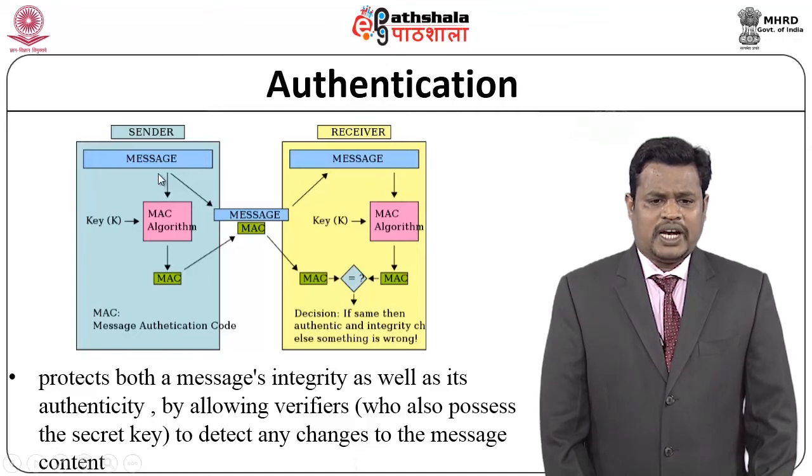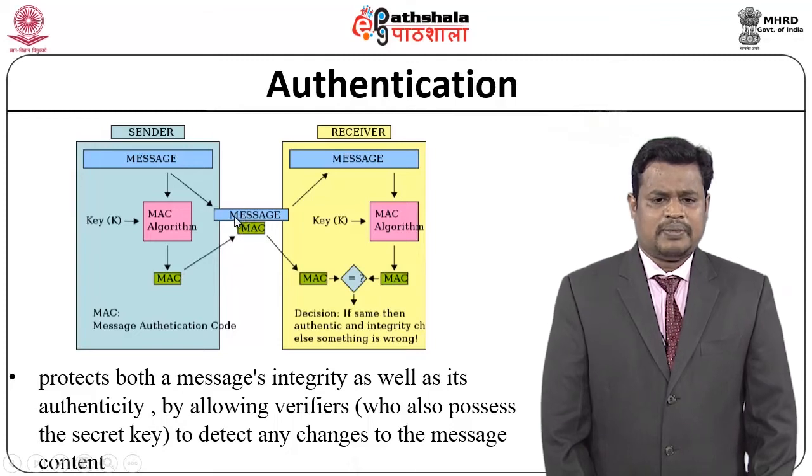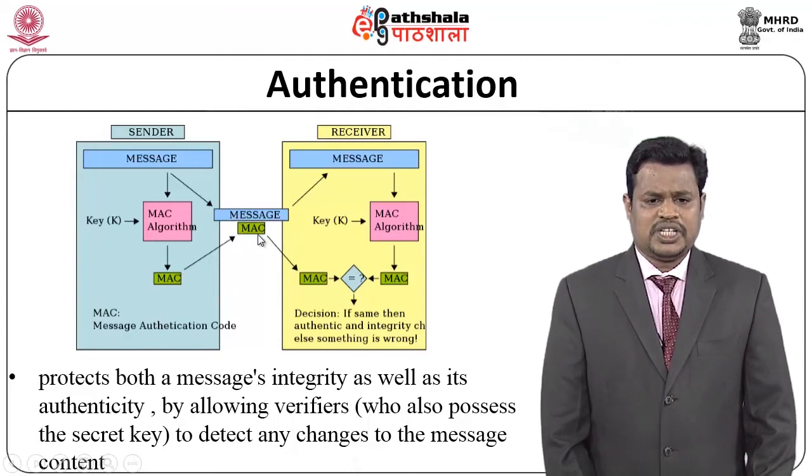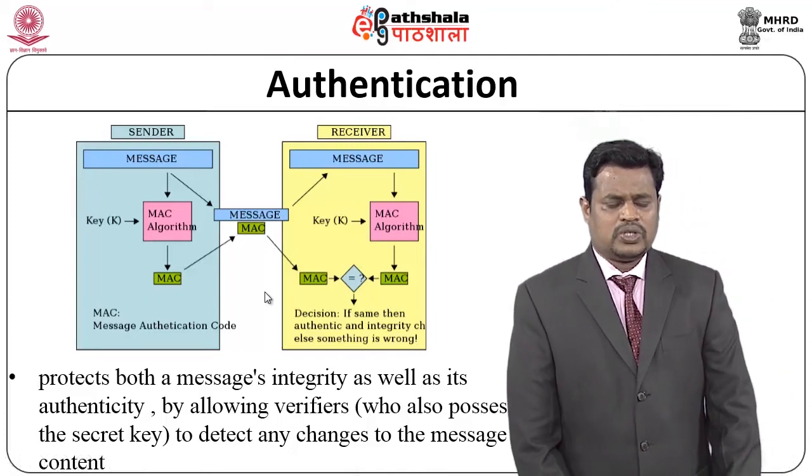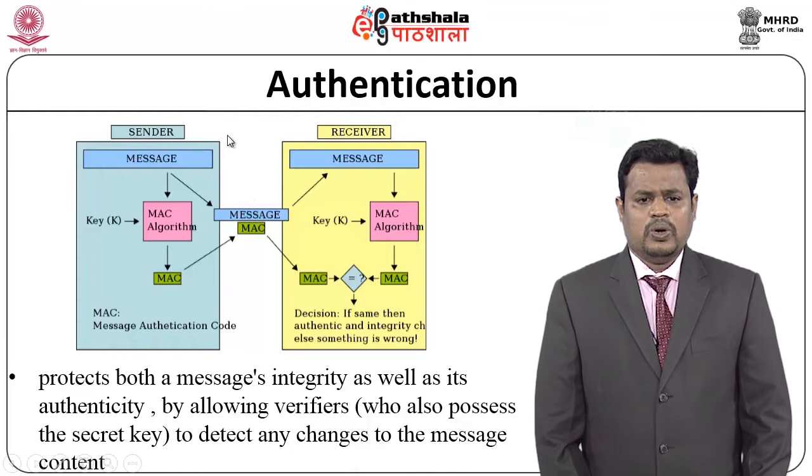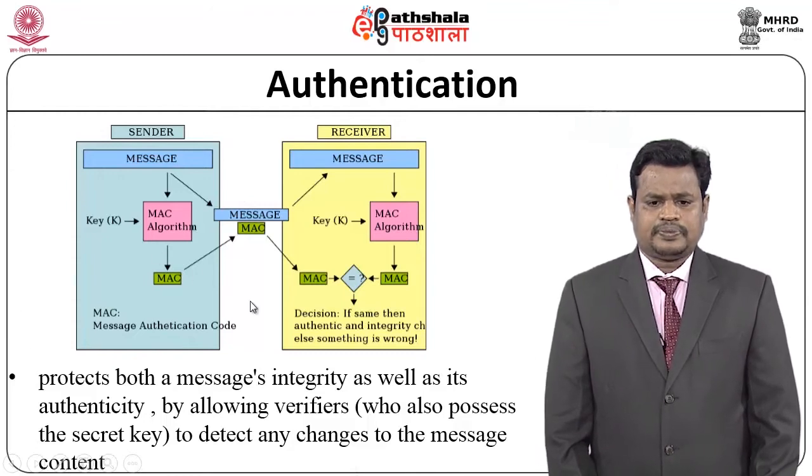Using the MAC algorithm they will generate a message authentication code. MAC is the message authentication code. Now this code is attached with the message. You can see that the message is not encrypted, it is just tagged with the code to verify who has sent the particular message.